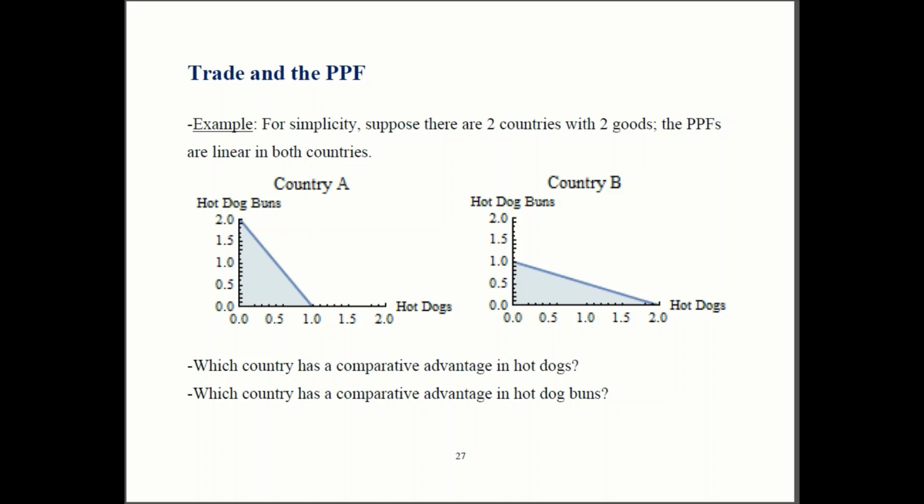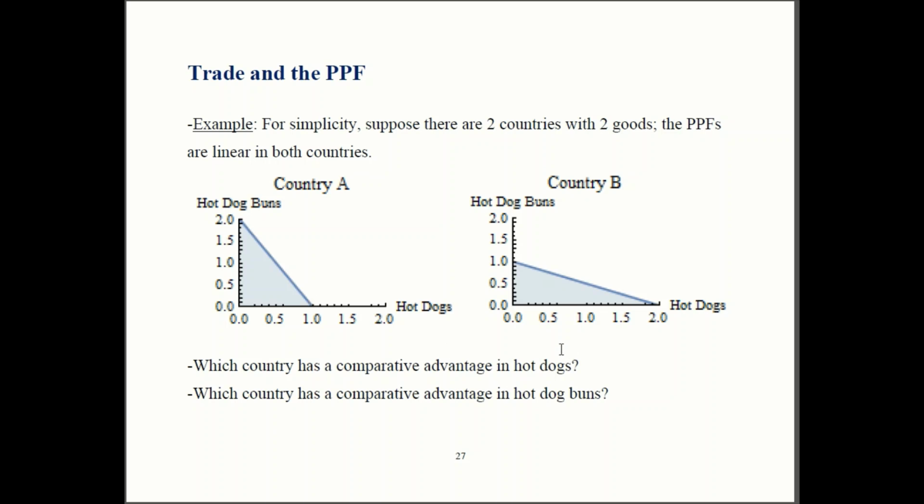If you're in country A and you want to go from 0 hot dogs to 1 hot dog, you go from this point with 0 to this one with 1. Well, that means you sacrifice 2 hot dog buns. So going from here to here, you have to sacrifice 2 hot dog buns to get 1 hot dog.